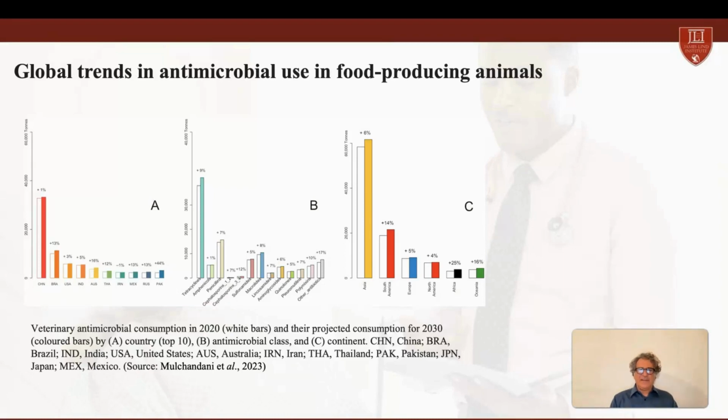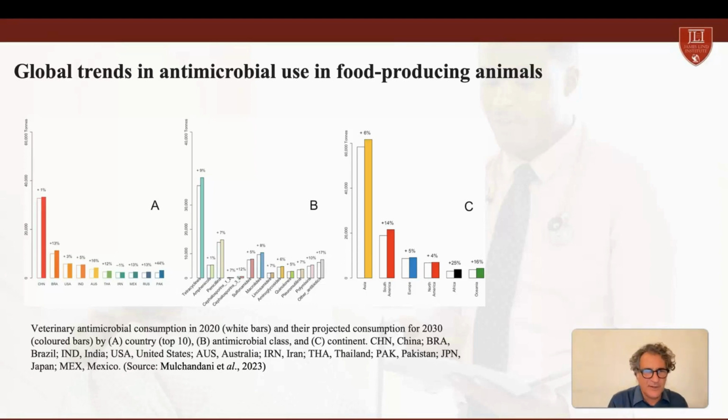So this is another way to show, at the global level, for example, the trend in antimicrobial use in food producing animals. We have three different graphs. In the first graph, the white bar generally represents antimicrobial consumption. The other, colored one represents the consumption projection for 2030.